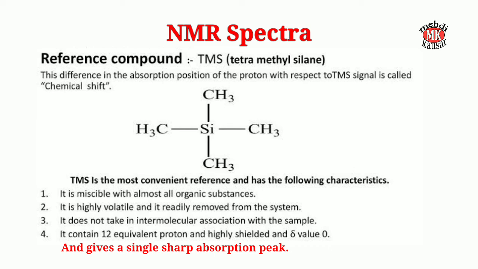It does not undergo intermolecular association with the samples, and most importantly, it contains 12 equivalent protons and is highly shielded, and the delta value is arbitrarily taken as 0. Since it has 12 equivalent protons, it gives a single sharp absorption peak. So due to these reasons, tetramethylsilane is used as a reference substance.